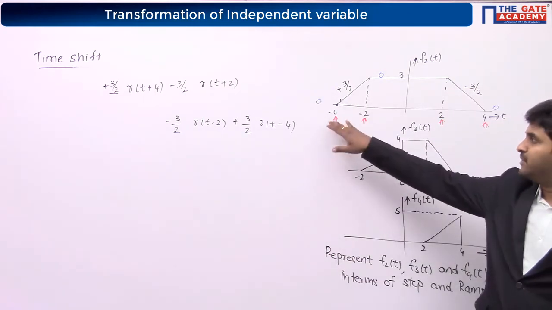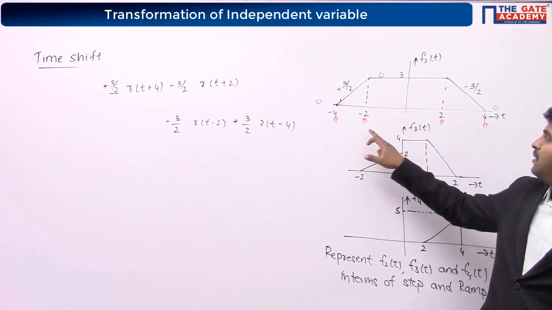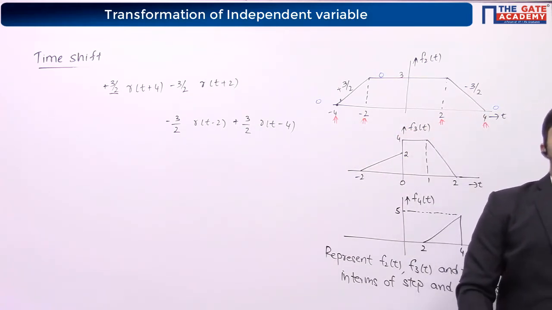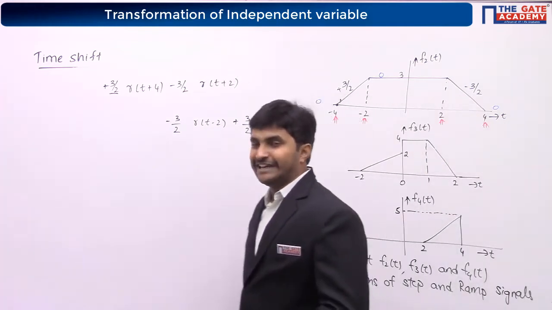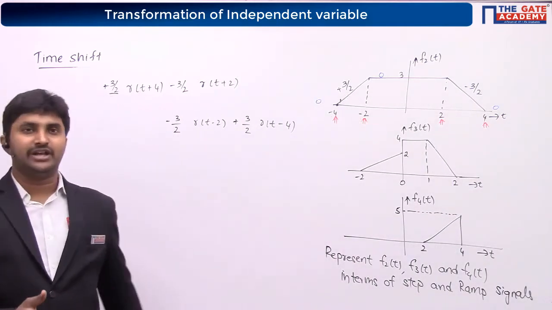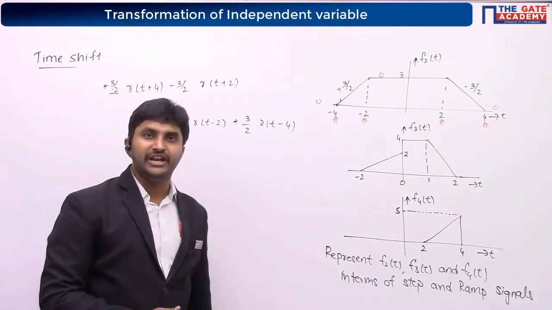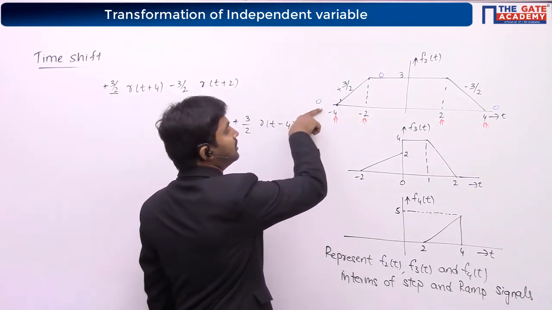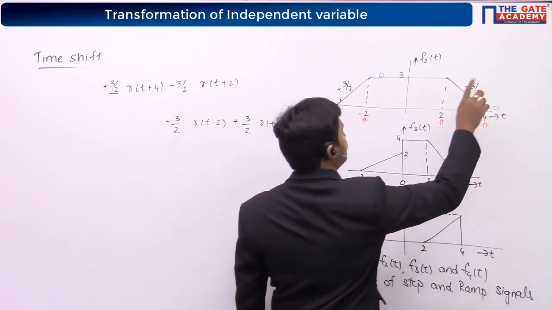I think in this example, we never saw any particular point where there is an infinity slope, isn't it? So, did you have any particular point where there is a slope of infinity? It's a horizontal line here, 0.